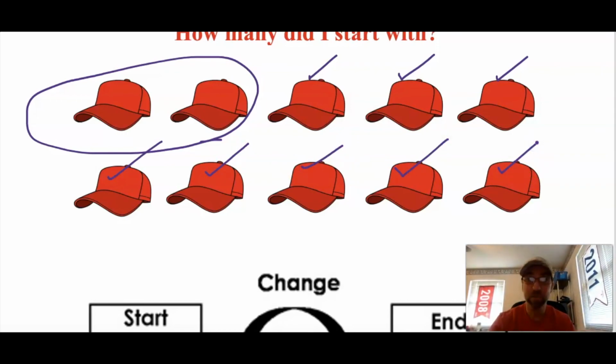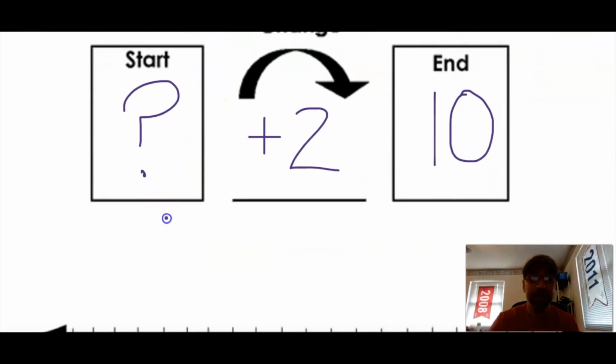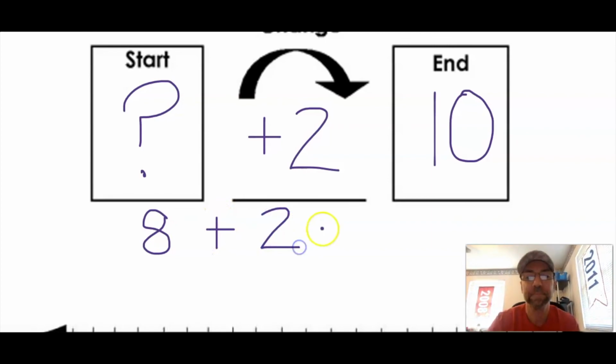I started with 8 hats, and then I bought 2 more hats, and I ended up with 10. So my number model, 8 is what I started with, plus 2 equals 10.